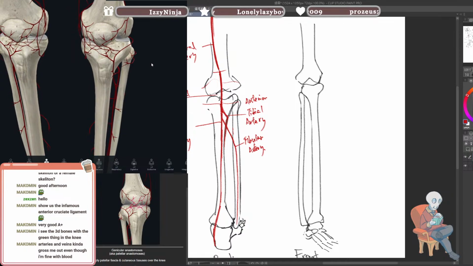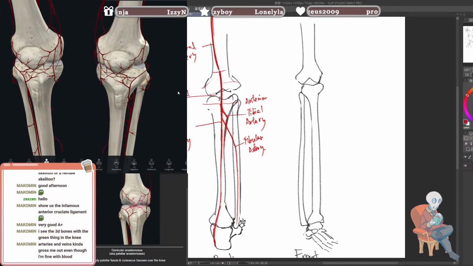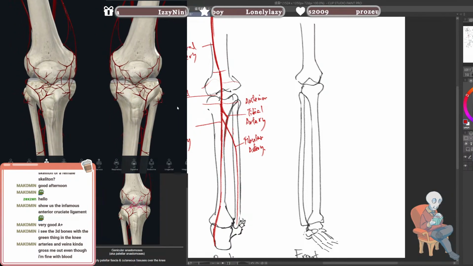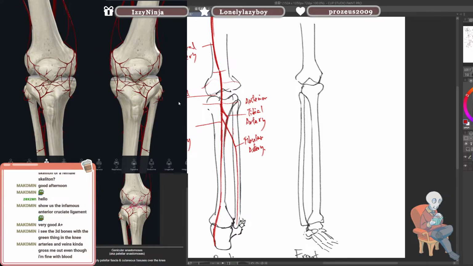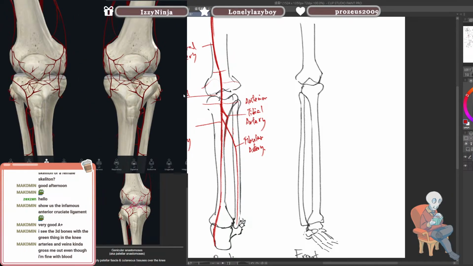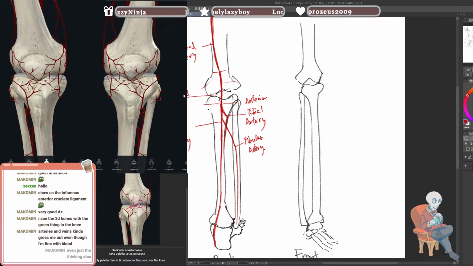But arteries and veins kind of gross me out, even though I'm fine with them. You mean the real ones, or you're not comfortable looking at this 3D model? Just wanna make sure. Blood in general. But wait, fine with blood, but even just a model thinking about it. What?